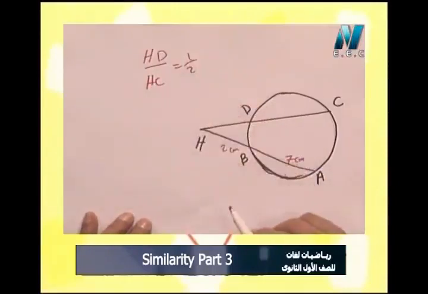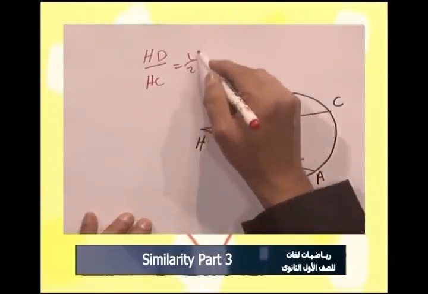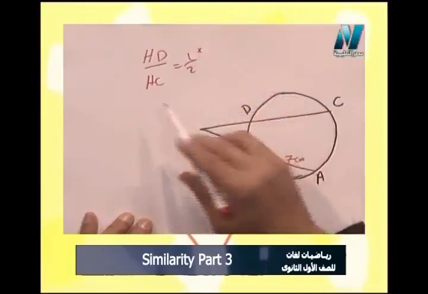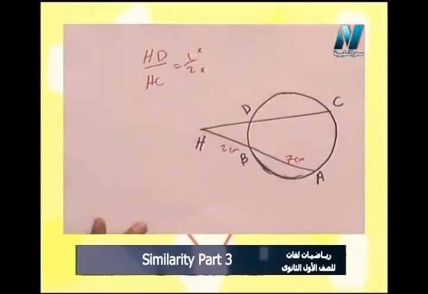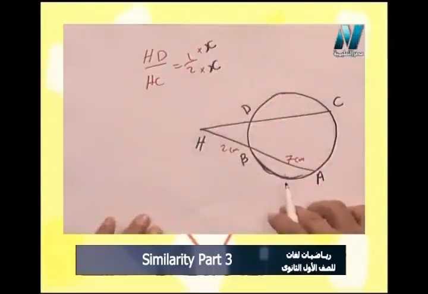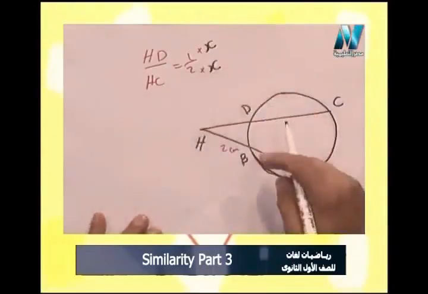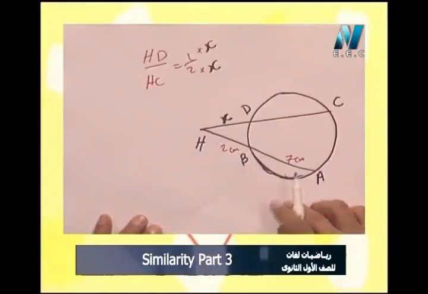No, it's wrong. It's really equal to 1 multiplied by a number, and HC is 2 multiplied by the same number. We can put this number as x or y or any symbol. So HD will be 1x and HC will be 2x.